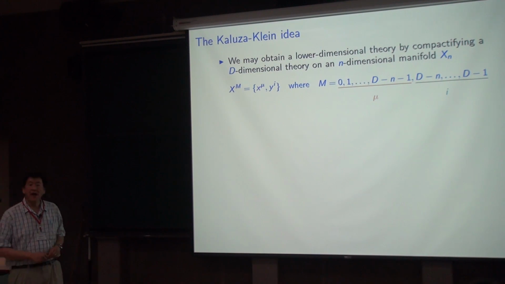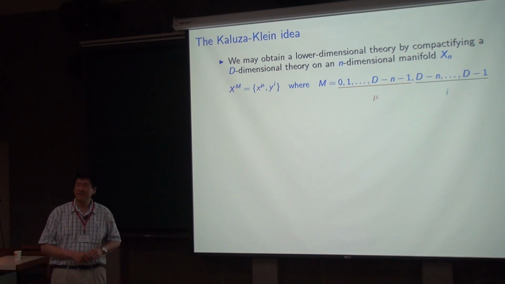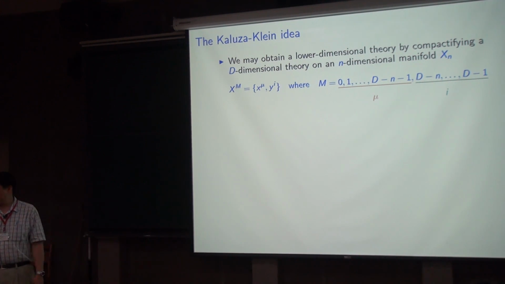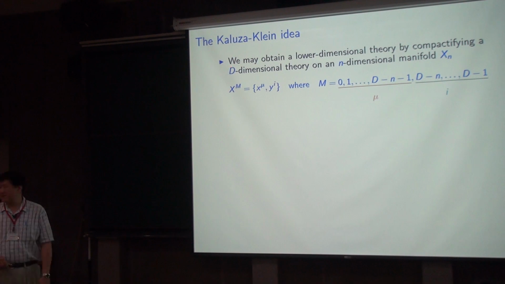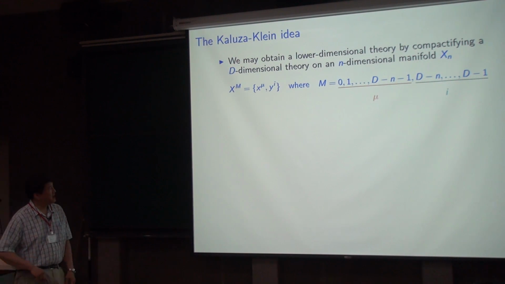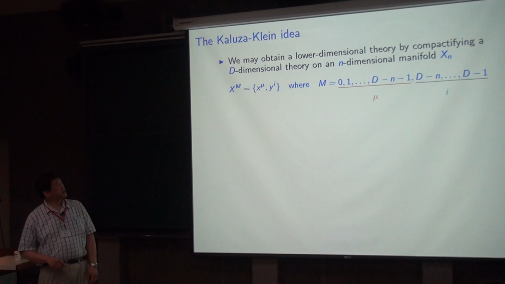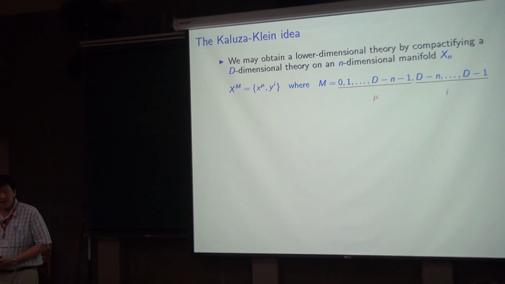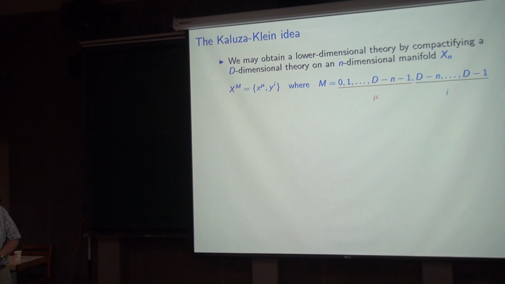So the plan for today is to talk about Kaluza-Klein reduction. Let me start by setting up the situation a little bit and giving a simple example. Let's say I have a higher dimensional theory, which I would call capital D. I compactify on an n-dimensional manifold X_n, and that gives me a lower dimensional space-time.